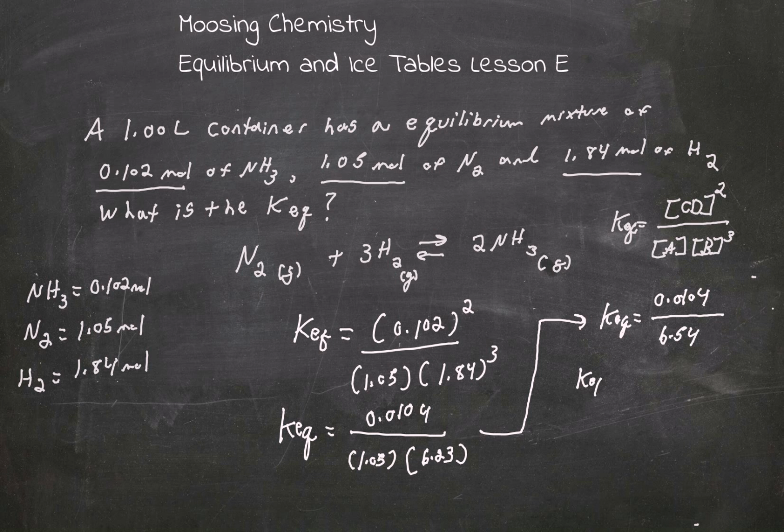Now I'm going to simply divide the top by the bottom, and that gives me 1.59 times 10 to the negative 3. Or you could say that this Keq would equal 0.00159.